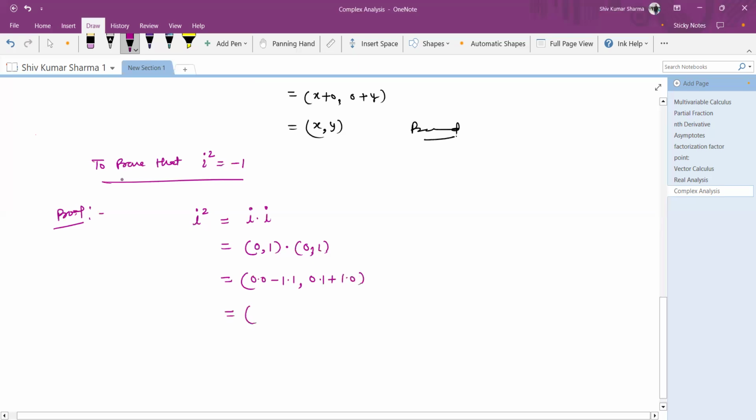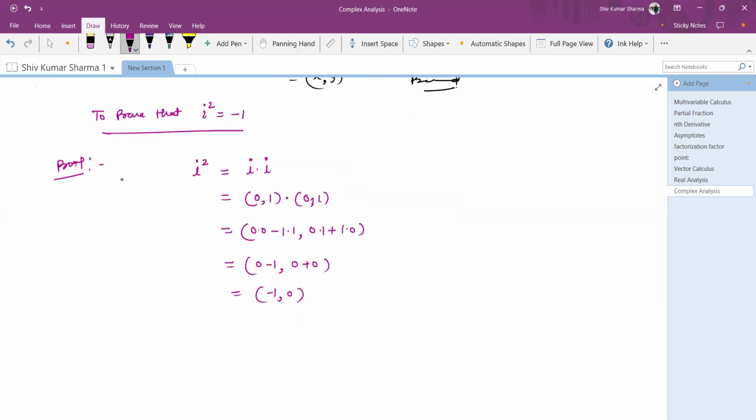So this can be written as 0 into 0, 0 minus 1, and here is 1 and 0 into 1 and 0, plus this gives us 0. So 0, so this can be written as minus 1 into 0. So minus 1 into 0.